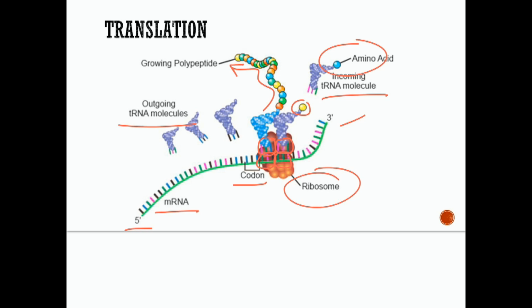So, step 7, the chain of amino acids continue to grow until the ribosome reaches something called a stop codon at the end of the mRNA strand. This signals that no more amino acids should be added. The result is a polypeptide, and it will fold into a functional protein.